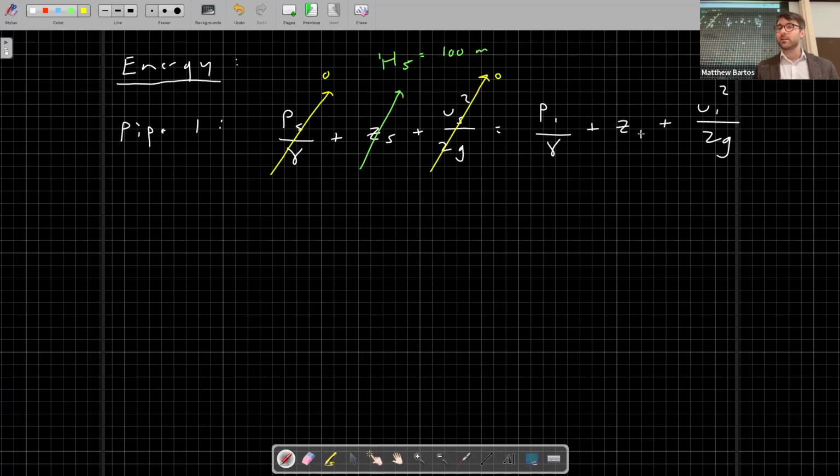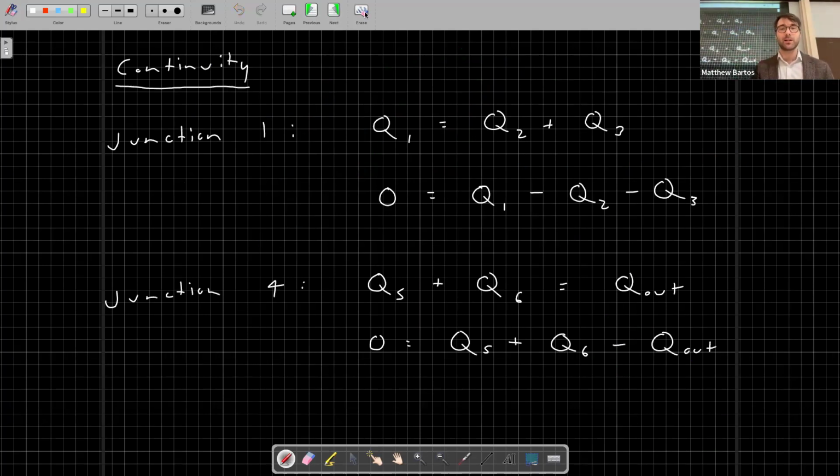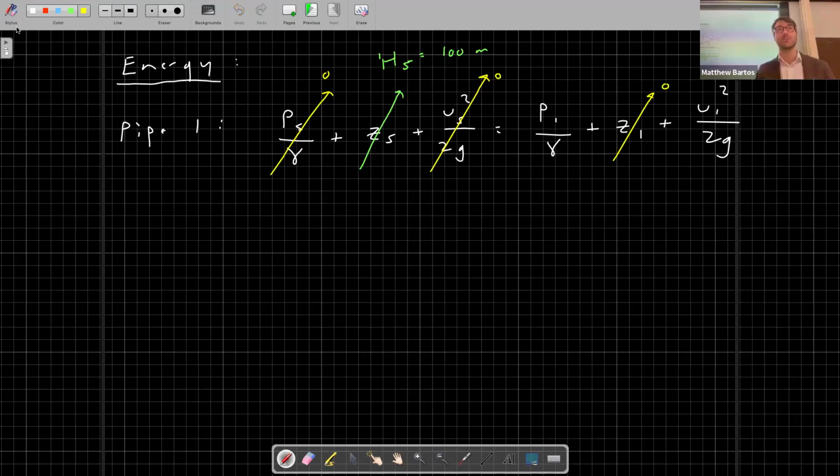What is the elevation head at node 1? 0, from the table of values I gave you before. Sorry, it's not shown on this slide, but in the problem statement on Canvas, you're given that the elevation for each of these nodes is 0. In other words, the water surface in the reservoir is 100 meters above the actual junctions in the water distribution network.